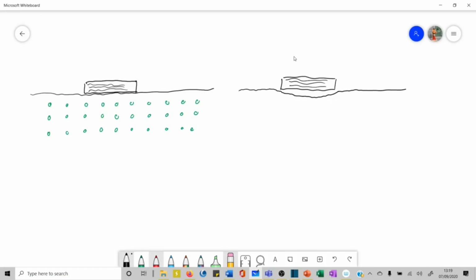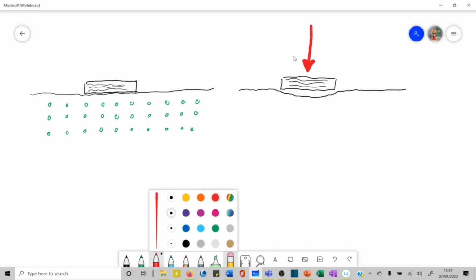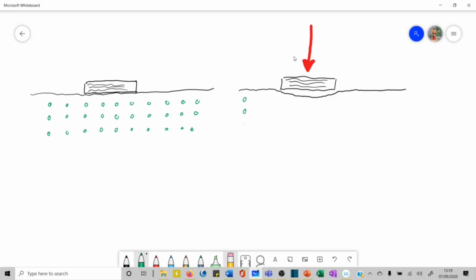So what happened then? The book obviously hit the table. So again, we've got the molecules here. Now this time, where the book actually hits the table, you can see that the molecules are all displaced.